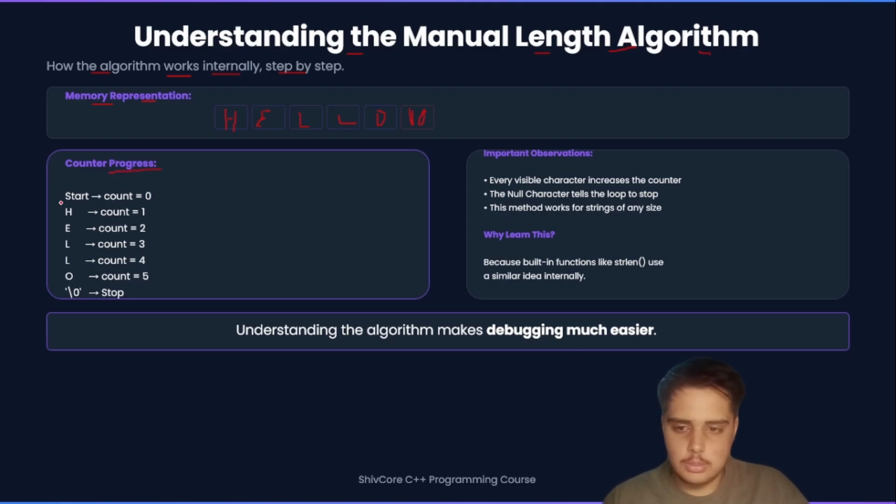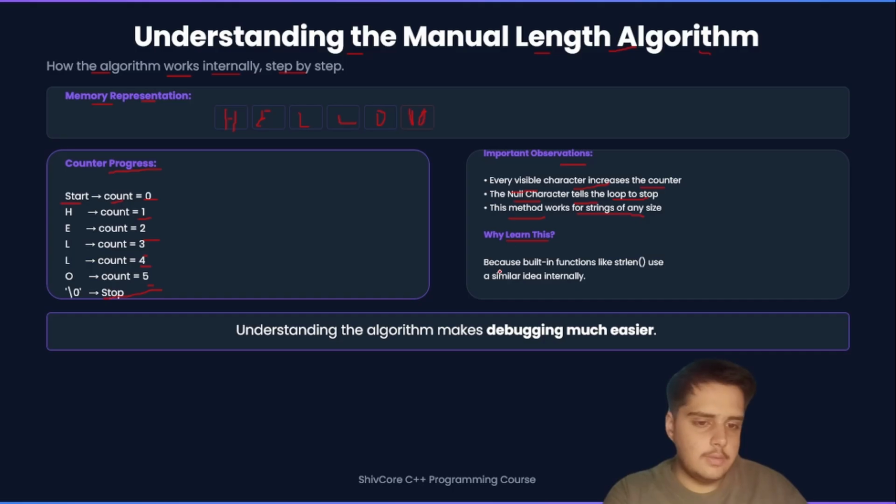In the counter progress, at the start the count is 0, then 1, 2, 3, 4, 5 and stops. The important observation is that every visible character increases the counter. The null character tells the loop to stop, and this method works for a string of any size.